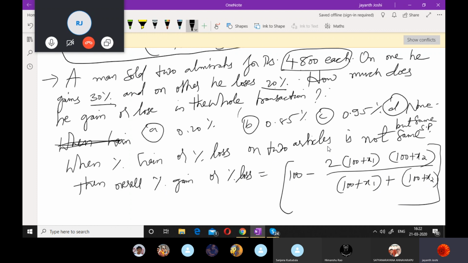Whenever there is a profit you should keep plus, whenever there is a loss you should keep minus. For example, here the gain is 30%, so plus 30, and 20% loss, so minus 20.